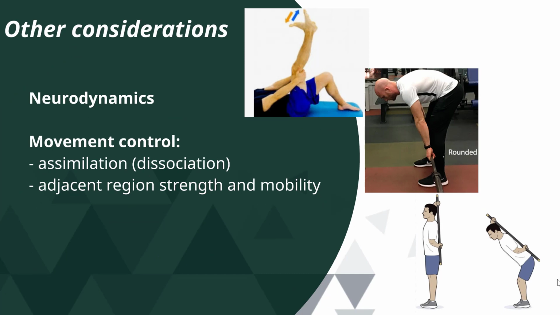Also, once the condition has stabilized, you may consider other methods of treatment, including neurodynamics, which we will cover later in the semester. I did want to point out that movement control, particularly assimilation or dissociation, is important to screen in these patients.